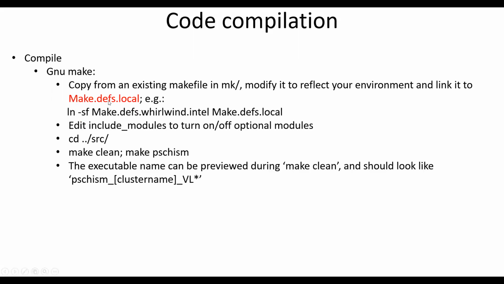And when you clone from GitHub, you don't see this file. You need to either link or copy an existing template to this file and make some modification to suit your local system. And also you need to turn on and off optional modules in this file called include modules. And then you cd into the source directory, make clean and make. That's it.